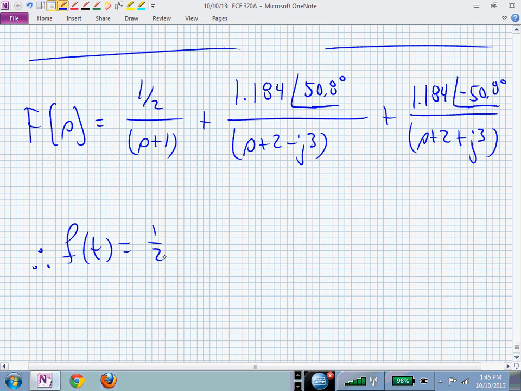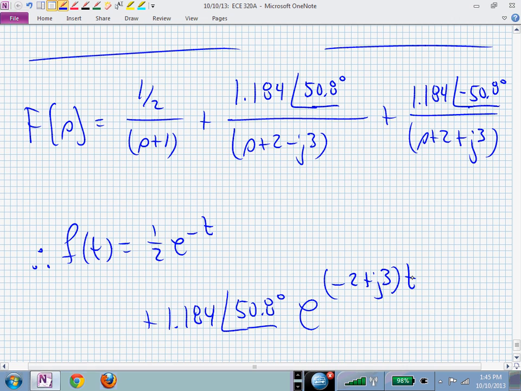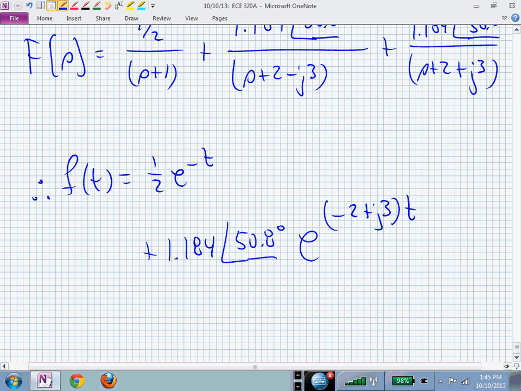We have 1/2 e to the minus t plus 1.184 at an angle of 50.8 degrees e to the minus 2 plus j3 t. That's just an exponential with complex numbers, plus 1.184 at an angle of minus 50.8 degrees e to the minus 2 minus j3 t.